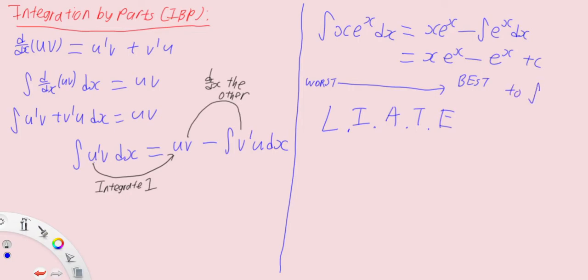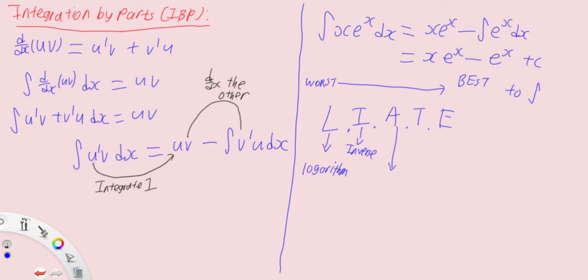So L, logarithms. It's quite obvious, right? You cannot integrate logarithms directly, so forget about it. Next one, inverse, namely inverse trigonometric functions. You cannot really integrate sine inverse either. So these two are the ones that you should stay away from.